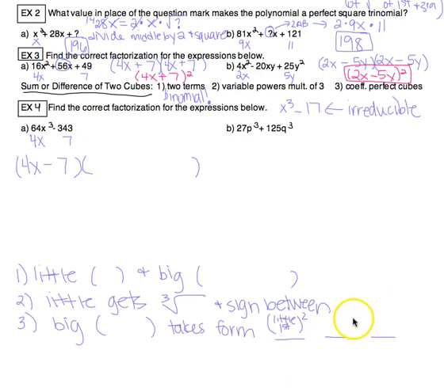In the back, you're going to take the little parentheses second term and square it. Okay, so let's do that. If I take 4x and I square it, 4 squared is 16, x squared is x squared. In the back, the second term is a 7. When I square it, that gives me 49.